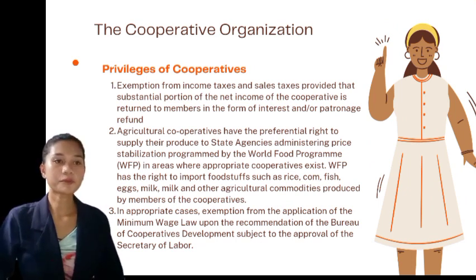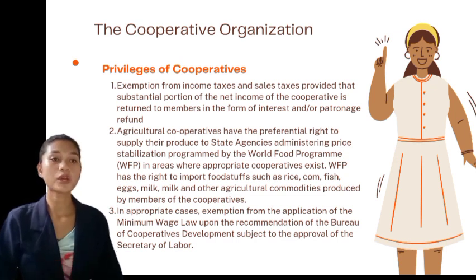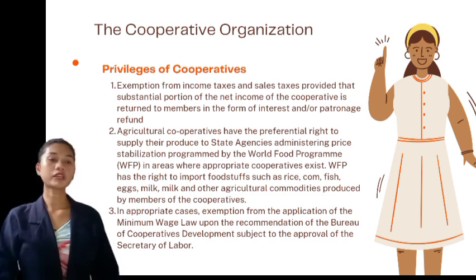So, exemption from income taxes and sales taxes, providing the substantial portion of the net income of the cooperative is returned to members in the form of interest or patronage fund.